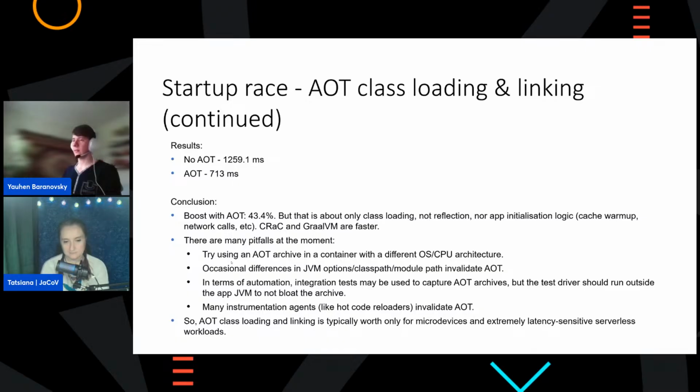So if you are in pursuit of extreme performance optimization, you should look into native images. But if you seek just some boost in startup times, you may try AOT. But it's important to note that AOT for now is just about startup time.